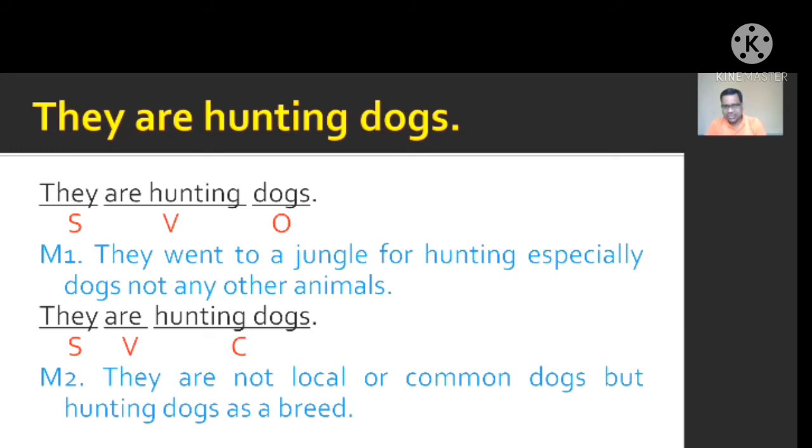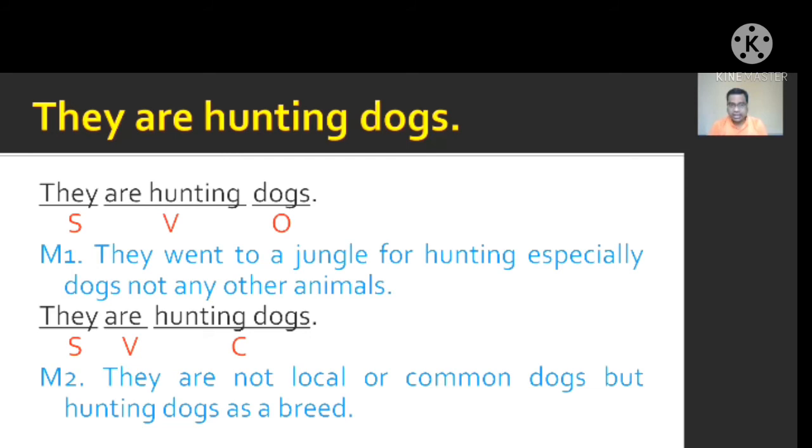Now you see there is a radical change in the meaning also. They are not local or common dogs, but they are hunting dogs. Hunting dogs as a breed, right? You have so many pet animals around you, especially the dogs. And there are so many breeds of dogs which are very social. You can live around them or they can live around us very comfortably.